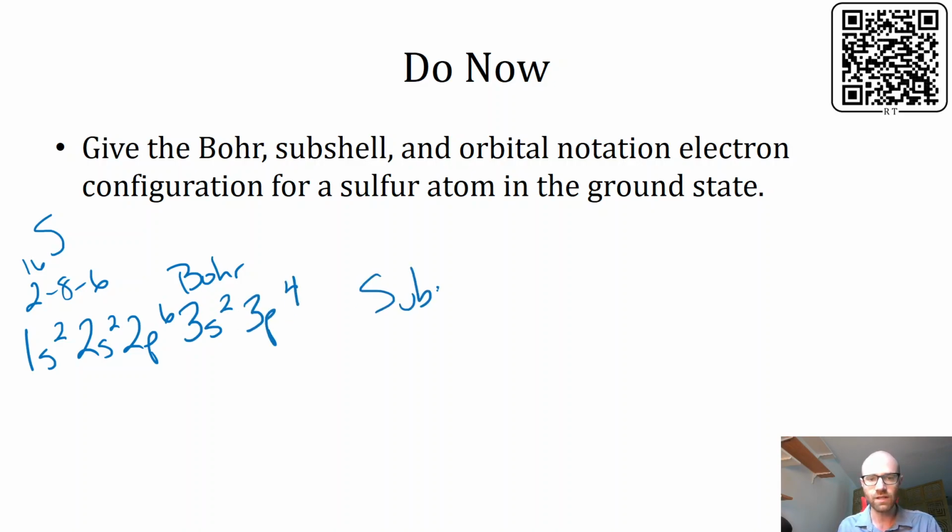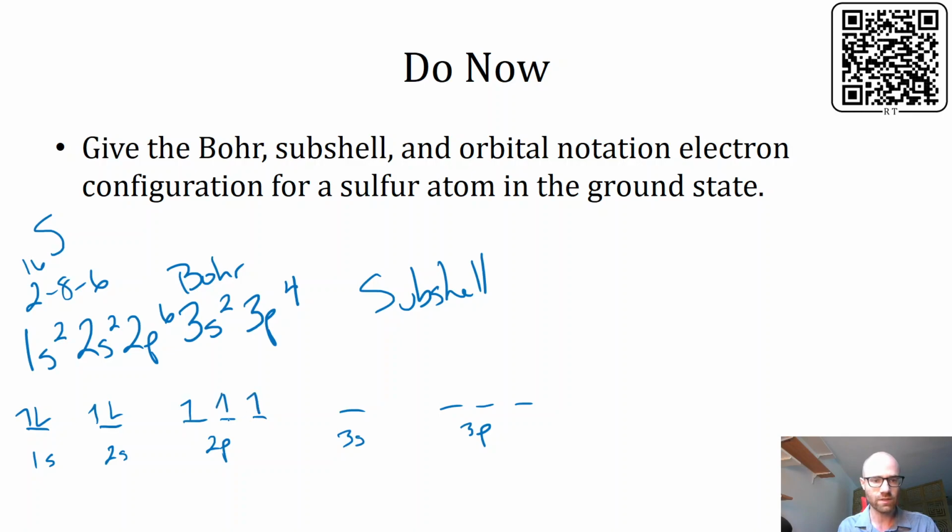And then for the orbital notation, we're probably going to need a lot more space, but each of these sublevels is now going to be broken up into their composite orbitals. That's 1s, 2s, 2p, 3s, 3p. 2 there, 1, 1, 2.